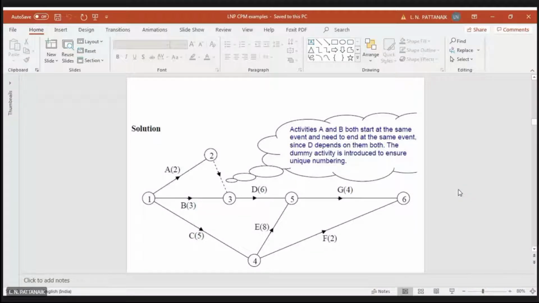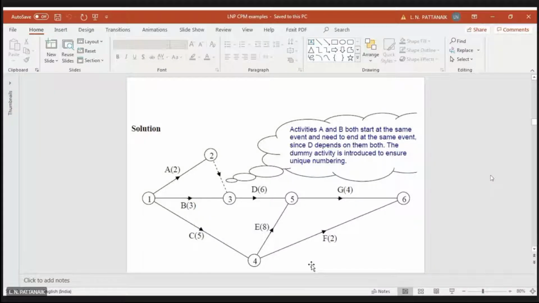You cannot have two activities connecting the same nodes. So that's why you can see a dummy activity here, and A finishes at node 2. A dummy activity does not have any time, while for all other activities the times are mentioned. So this is the solution for that particular problem.